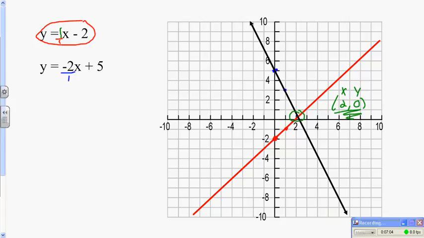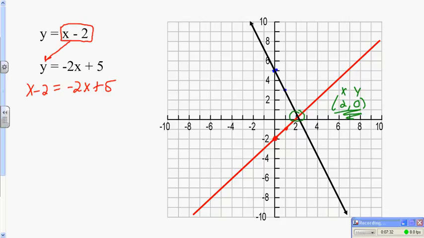To solve by substitution, notice that y equals x minus 2. So I'm going to take that and replace the y in the second equation with x minus 2, and I get this statement. Now I'd like you to solve for x.